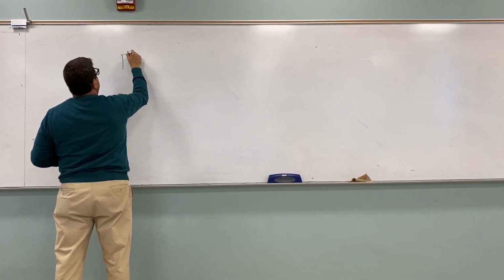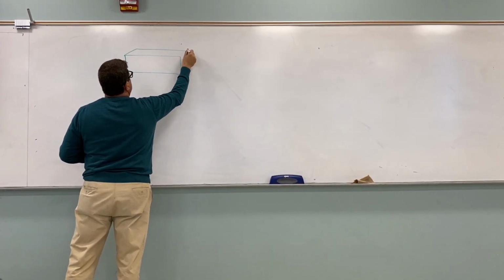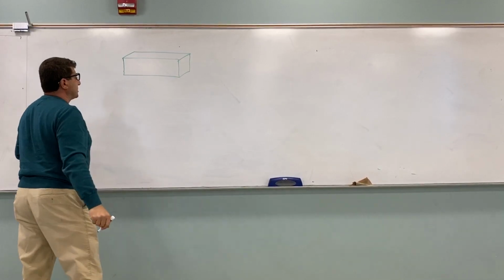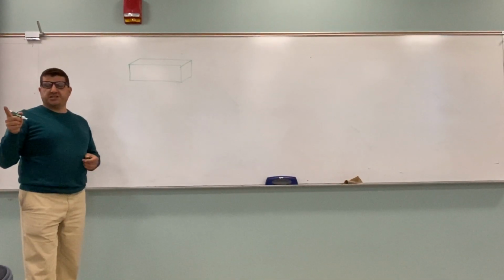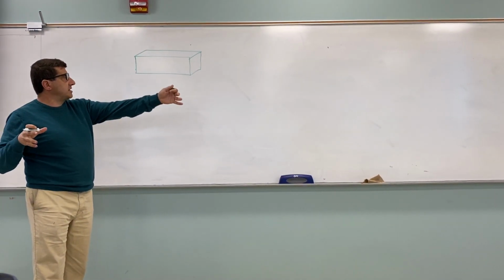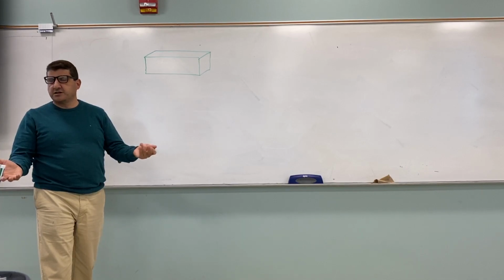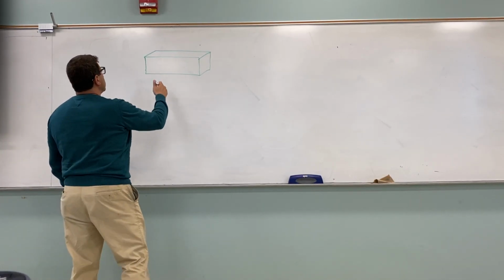So let's say you have 3 dimensions. And of course, our formula we're going to derive using a rectangular thing, but then you can apply it to any shape, circle, sphere, any kind of 3-dimensional shape.